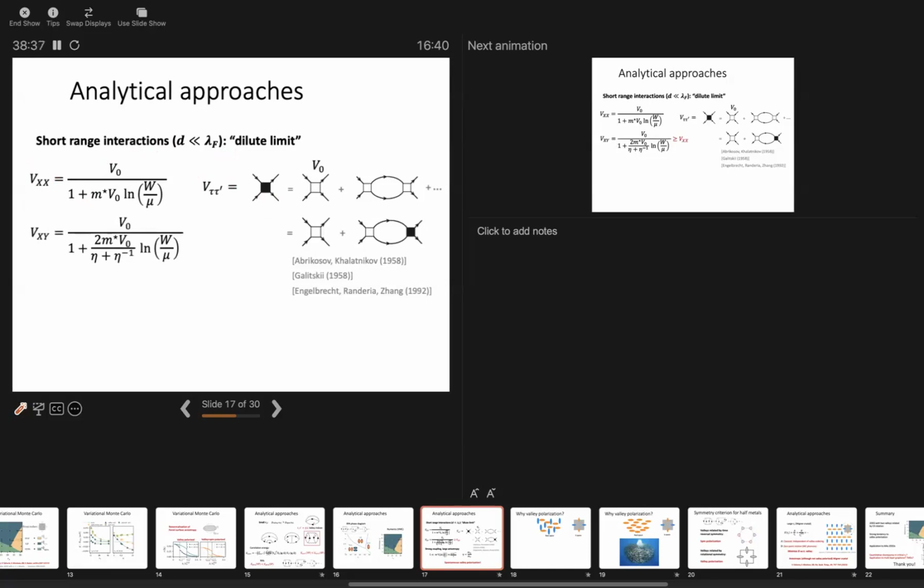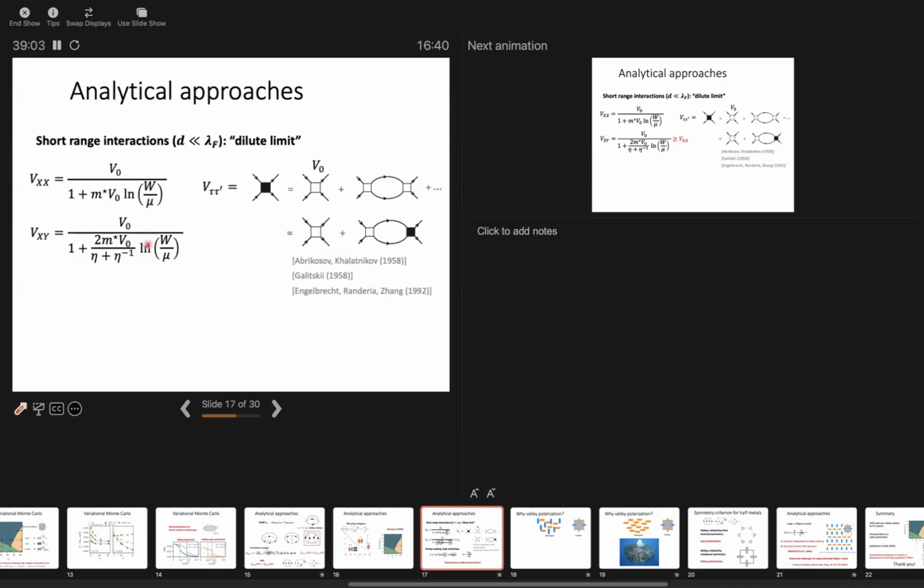And you see this 1/log factor. W here is the overall bandwidth, mu is the chemical potential. We assume that the chemical potential is very small compared to the overall bandwidth. And you get this downward logarithmic renormalization of the interaction that's very typical for 2D. This is a well-known phenomenon for a 2D system.